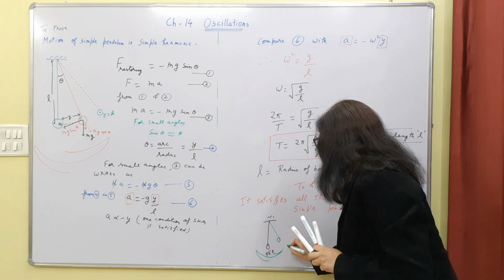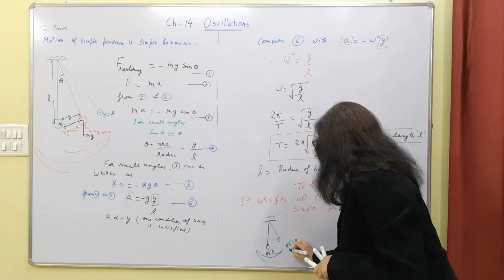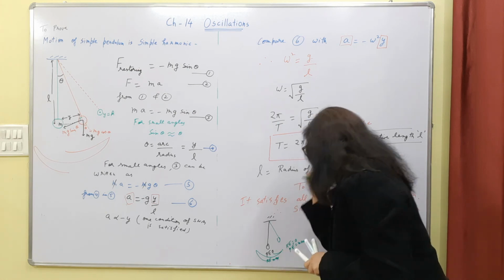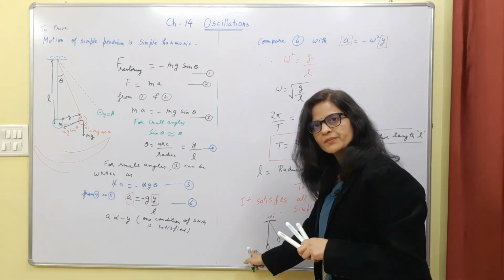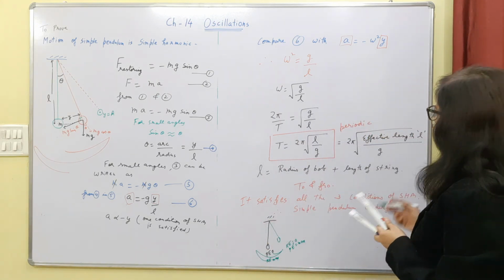So at the extreme, the kinetic energy is 0 and the potential energy is maximum. And here the kinetic energy is maximum at the mean position. Similarly over here the potential energy is maximum and the kinetic energy is 0. Right? So I hope you understood this.